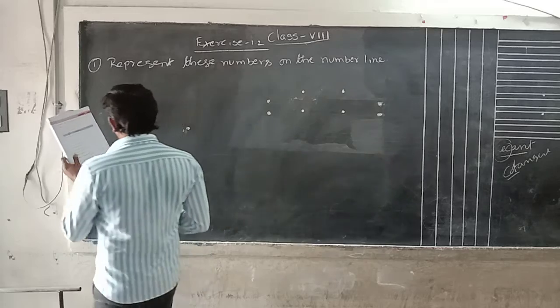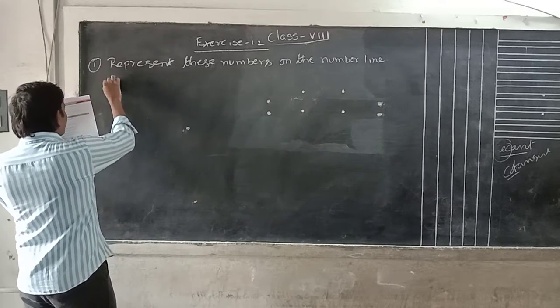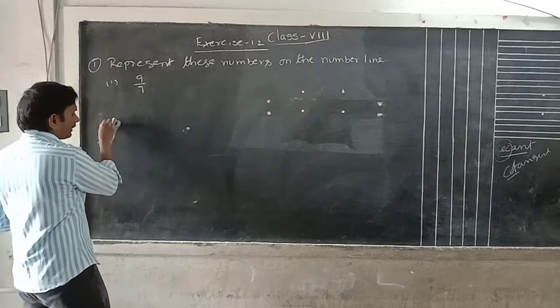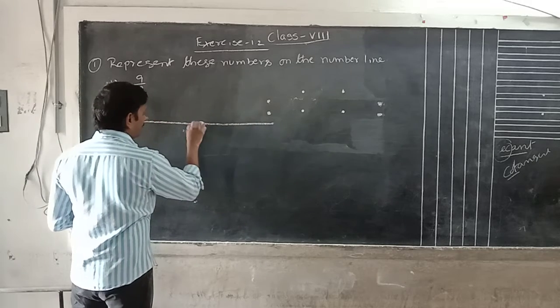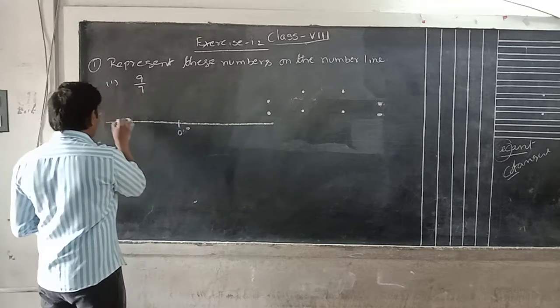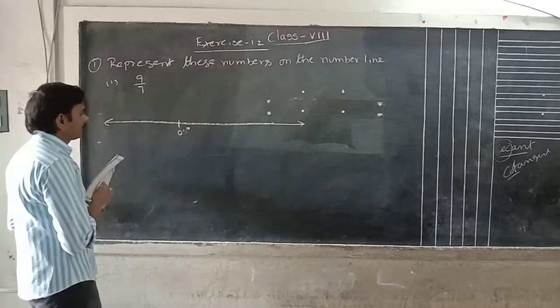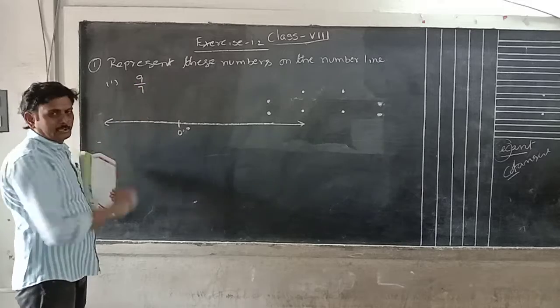How will we represent? Take a number line. What is the first question here? 9/7. Take a number line and write 0 at one place. What is the numerator here?